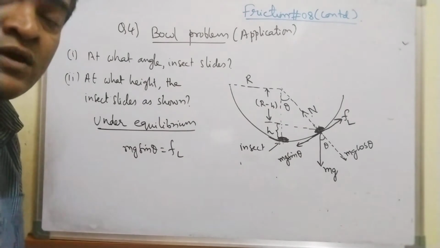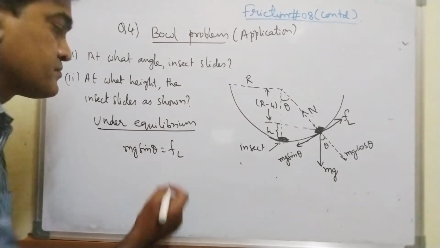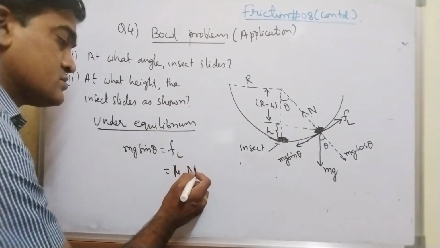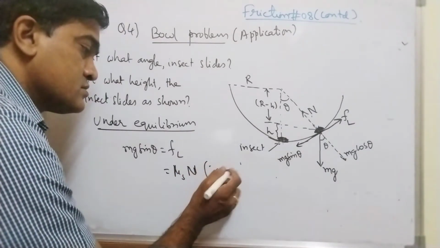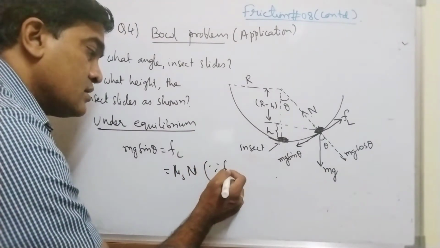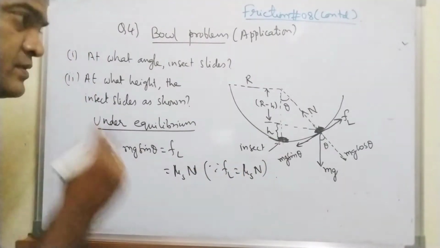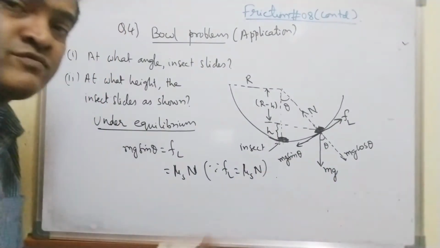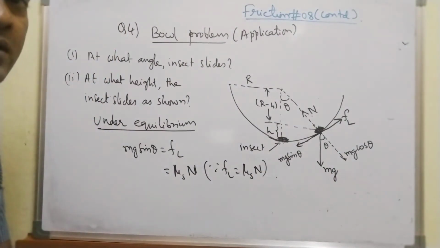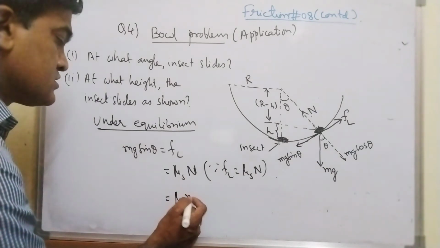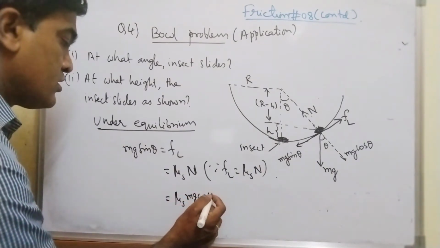But what is the formula we have for limiting friction? Mu s into normal force. Since limiting frictional force is equal to mu s into normal force. But normal force is balanced by which component of weight? Mg cos theta, which is equal to mu s into mg cos theta.